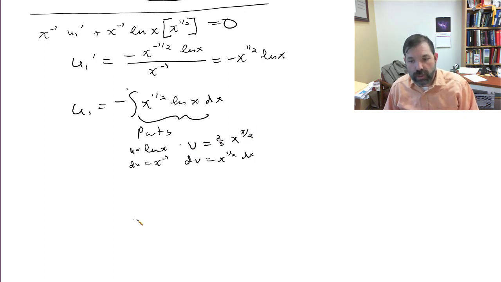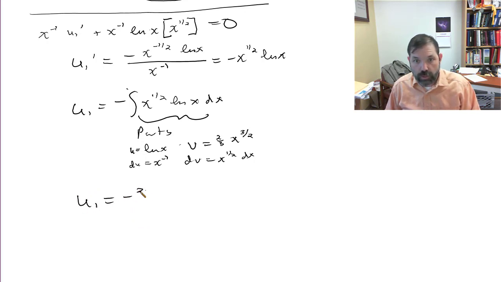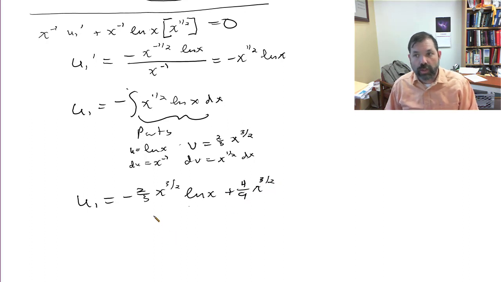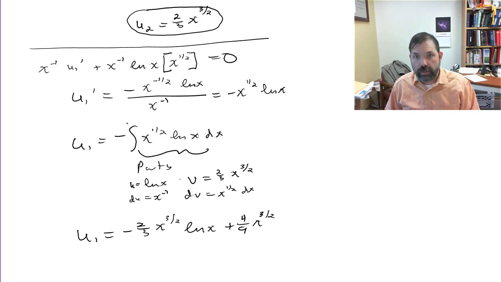And if you go through this integration by parts carefully, you find that u1 is then negative 2/3 x to the 3 halves natural log x plus 4/9 x to the 3 halves. So I now have the u1 and I earlier had the u2.